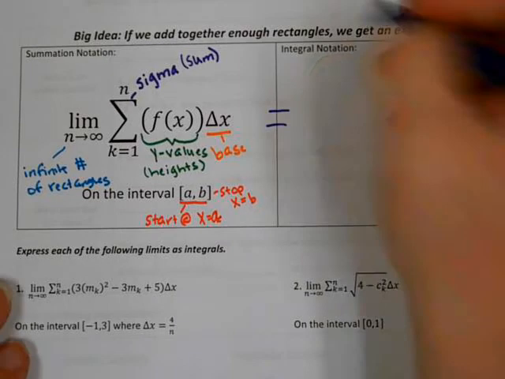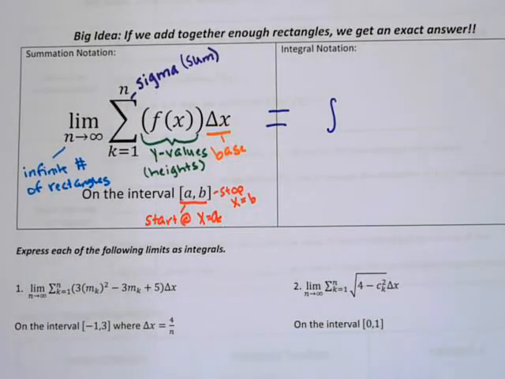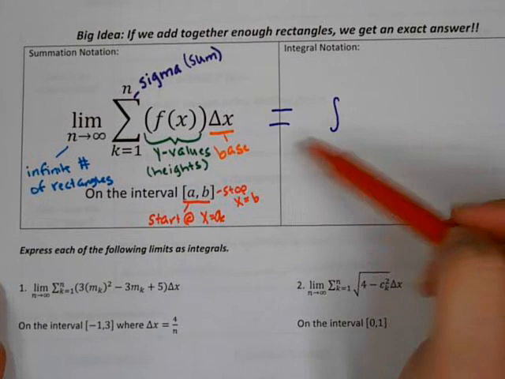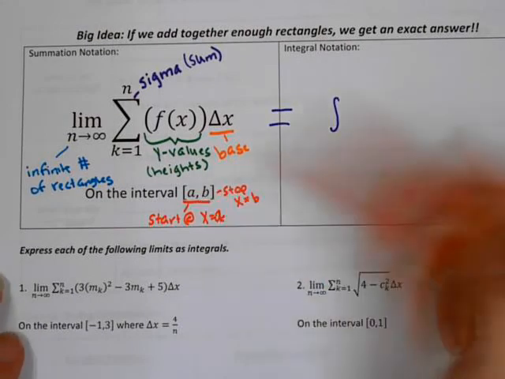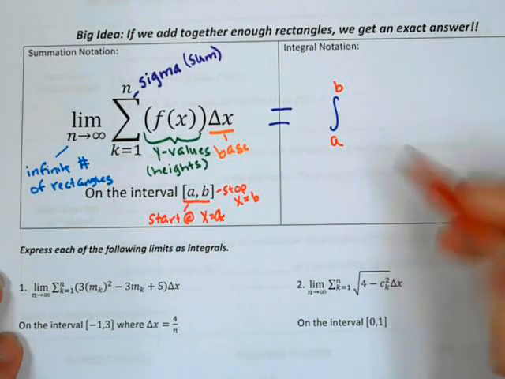So we're going to find an integral. And we know that our integral always has our start and our stop, so we want the bounds of integration, which are always going to come from our interval. If we're starting at a and ending at b, then we're taking the integral from a to b.